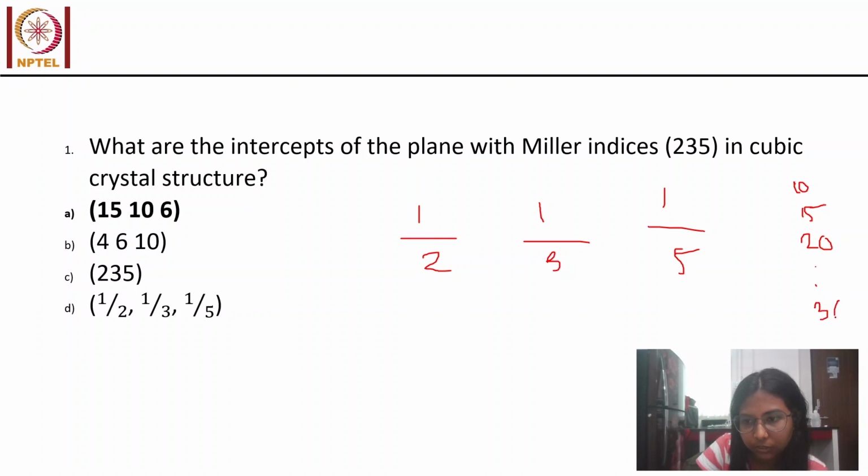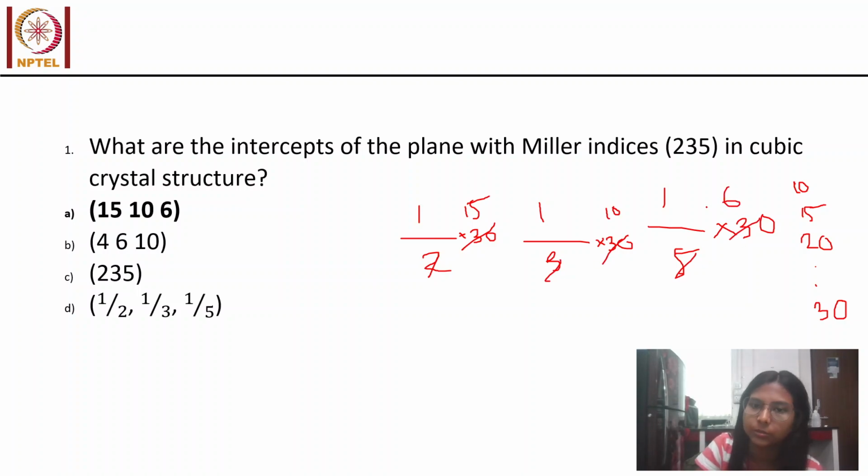So we have to go up to 30. If we go up to 30, then we get 15, this is 10, and this is coming out to be 6.